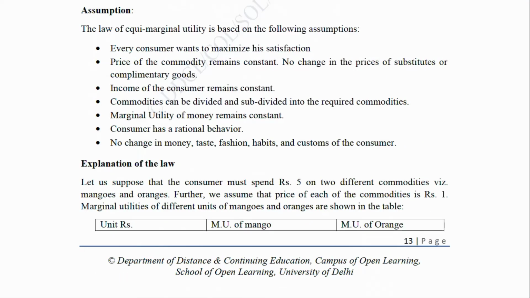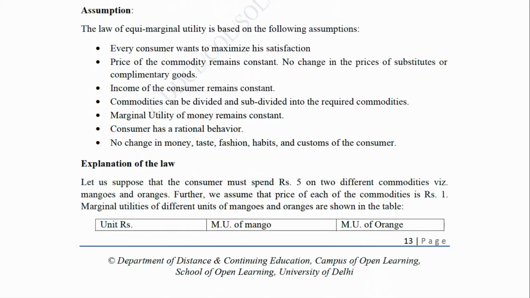It means marginal utility of 1 is equal to marginal utility of 2, which is equal to marginal utility of 3. Assumptions. The law of equimarginal utility is based on the following assumptions. First, every consumer wants to maximize his satisfaction. Second, price of the commodity remains constant. No change in the price of substitutes or complementary goods. Third, income of the consumer remains constant.